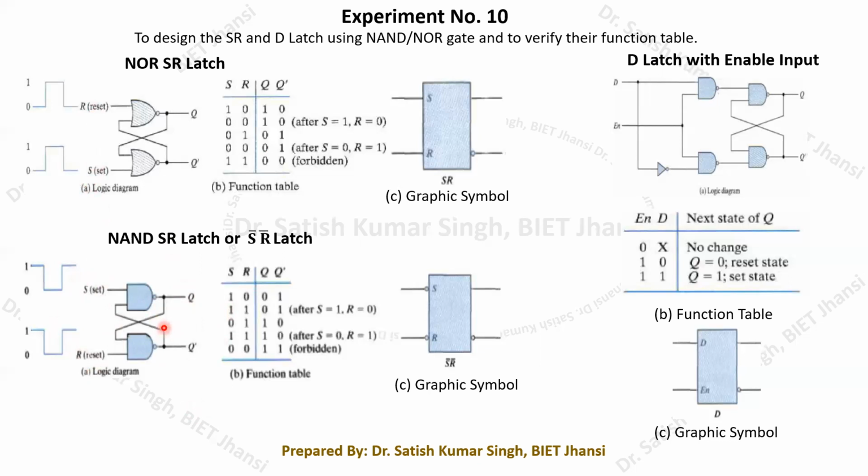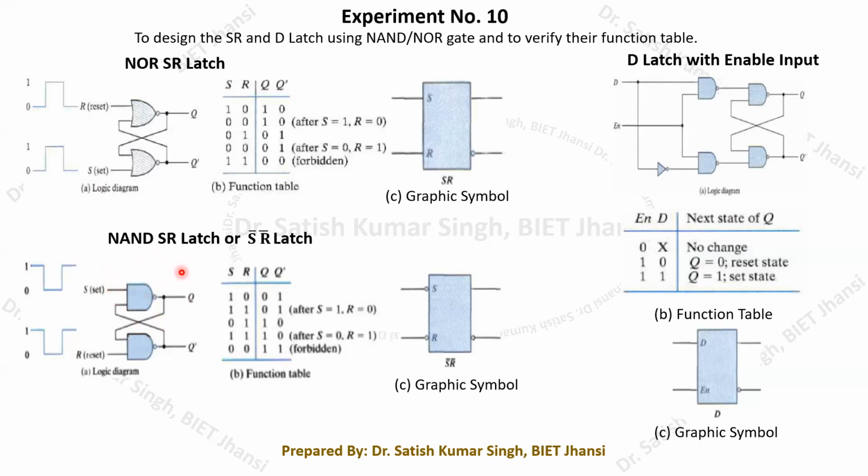So here you can see when we have applied this 0 and 1 condition, because we are now using the NAND gate. You remember, whenever we apply one of the inputs of this NAND gate equal to 0, that will drive the output of this NAND gate to 1, because what is the Boolean expression for the NAND gate?